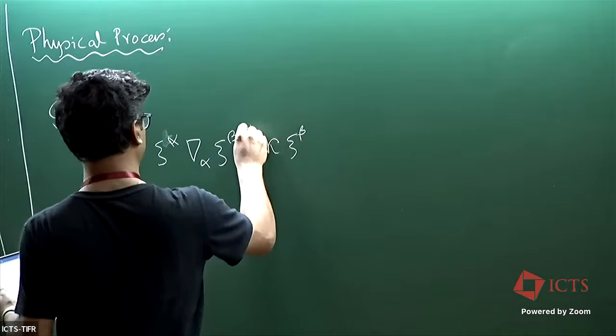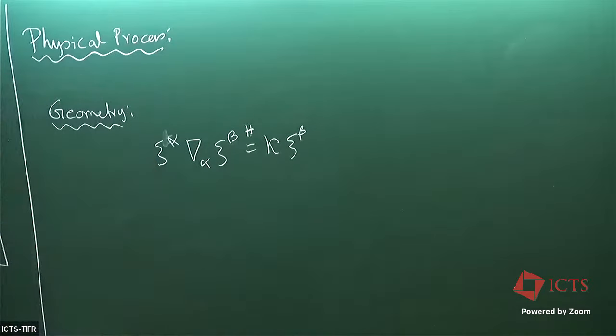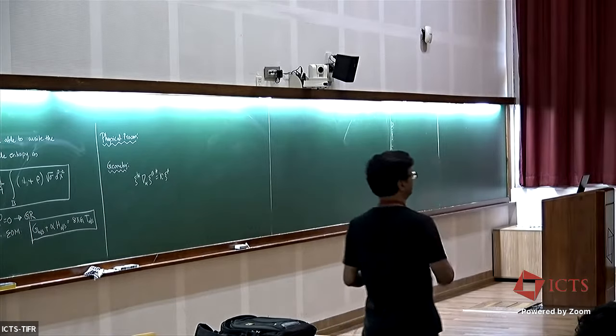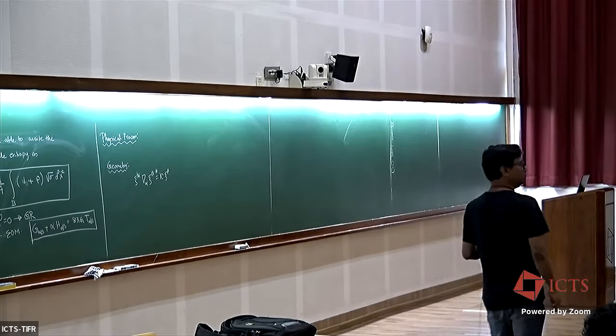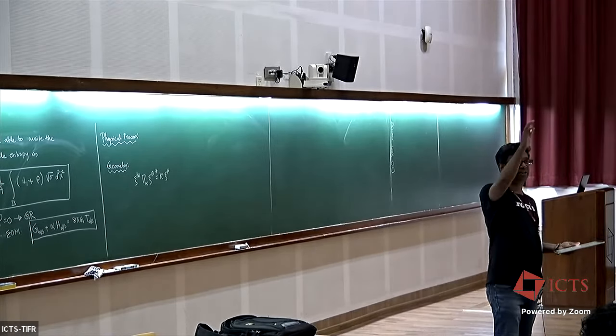This is only valid on the horizon, okay? And using this equation, at least for the bifurcate Killing horizon, we have proved that surface gravity is a constant. It does not change along any of the directions of the horizon surface, both in the Killing direction as well as the tangential, transverse directions.